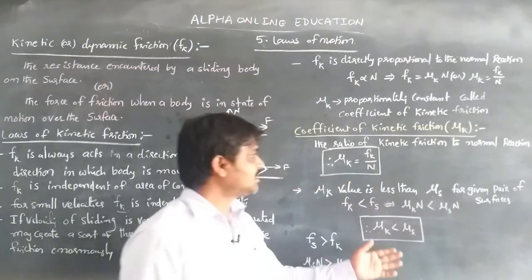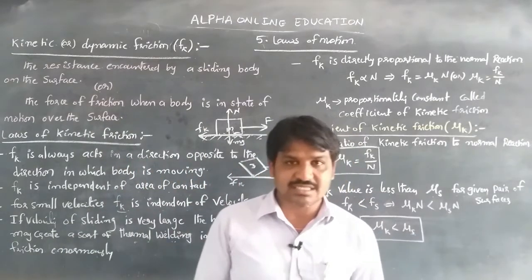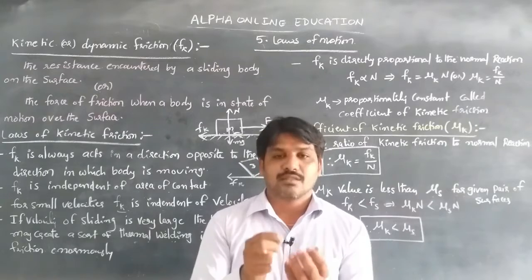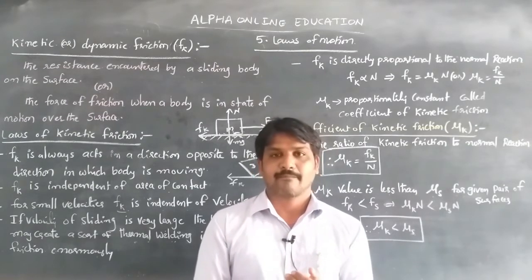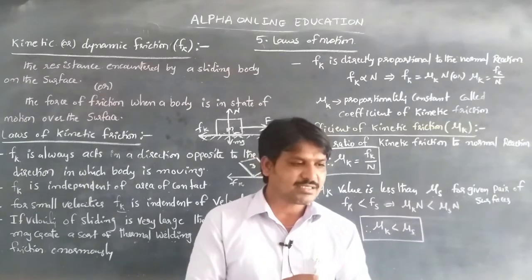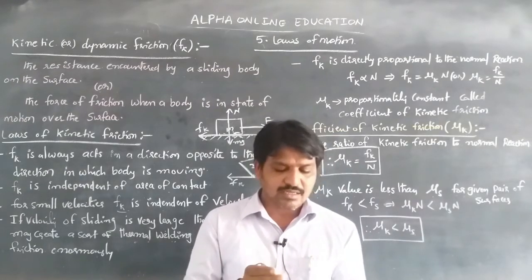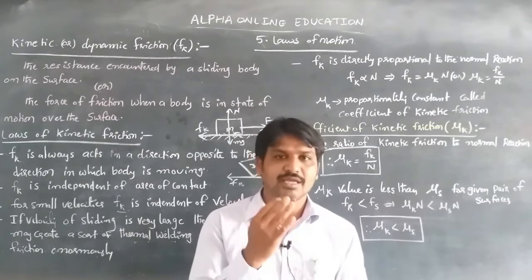Now about the kinetic friction. Once again, kinetic friction means the resistance encountered by a sliding body on a surface. The body always experiences an opposite force from the surface over which it is sliding.